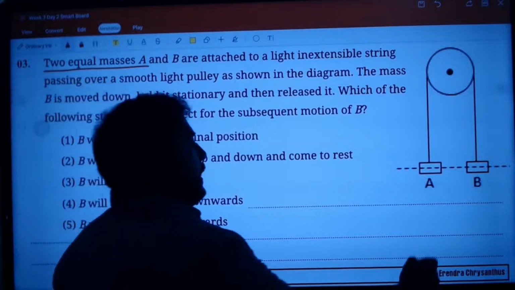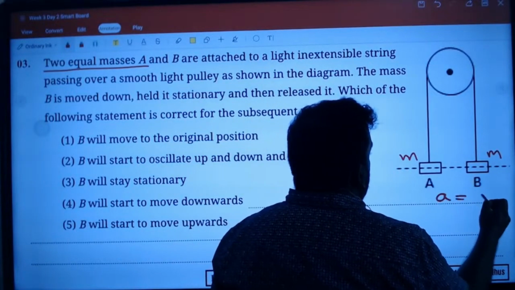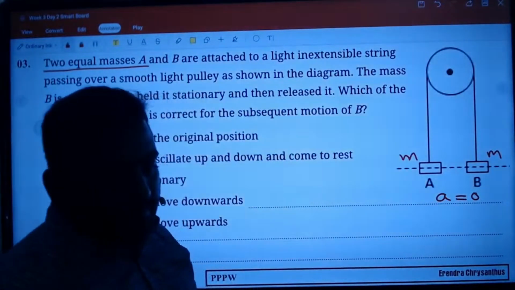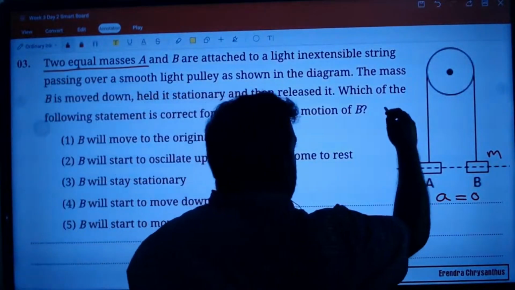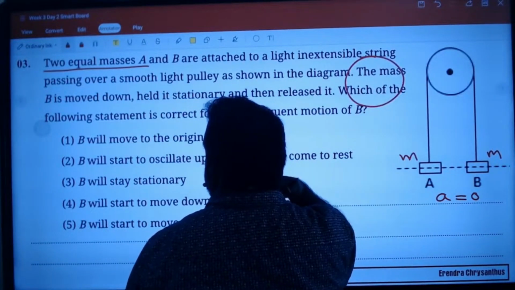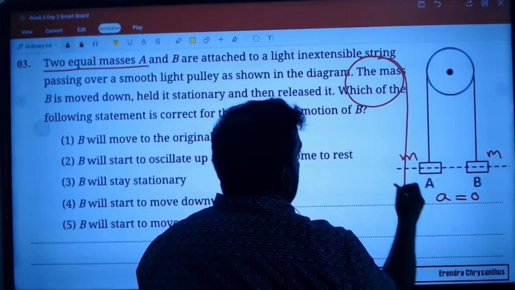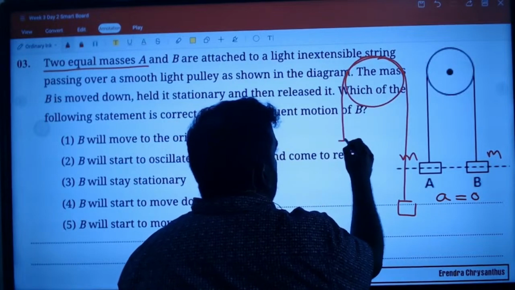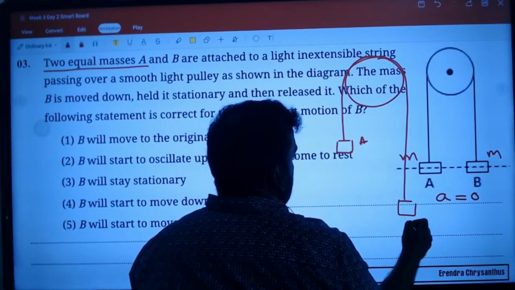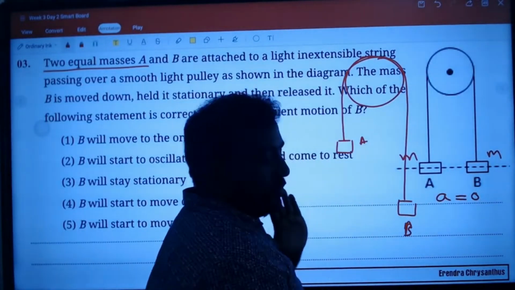Now, if the masses are the same, remember the resultant acceleration will be 0. So if I move B slightly down, A will be slightly up, and I release it, what will happen? Acceleration must be 0.